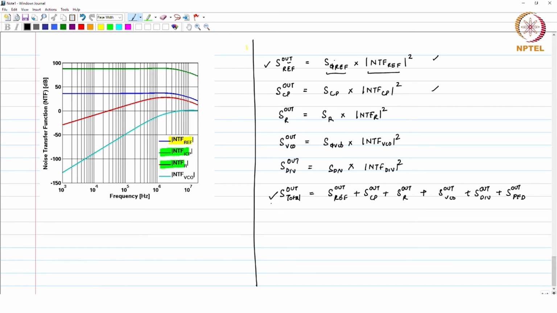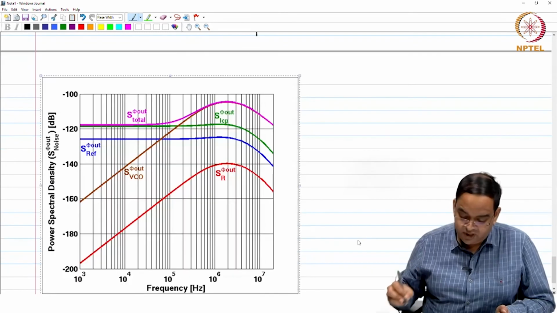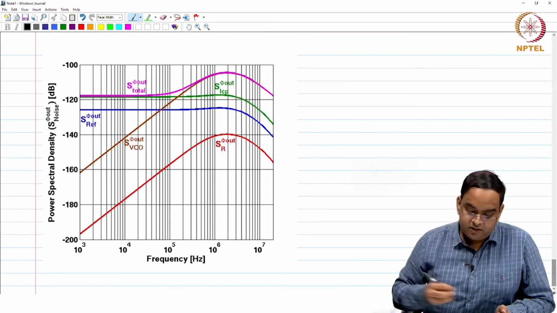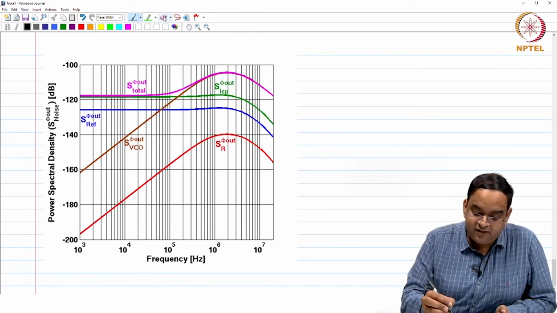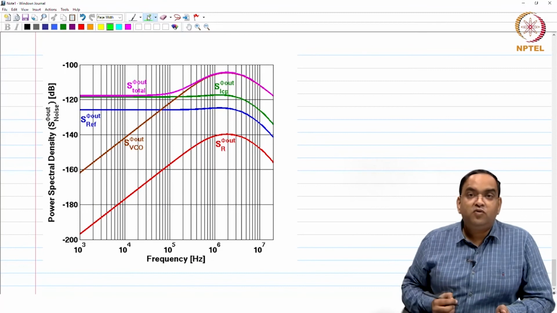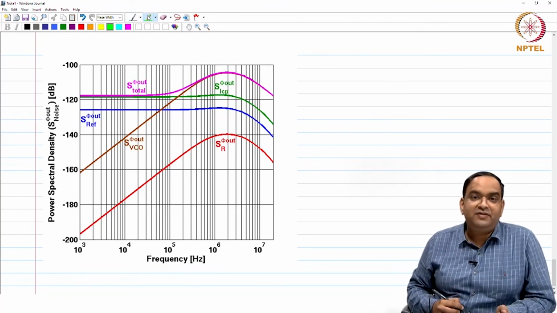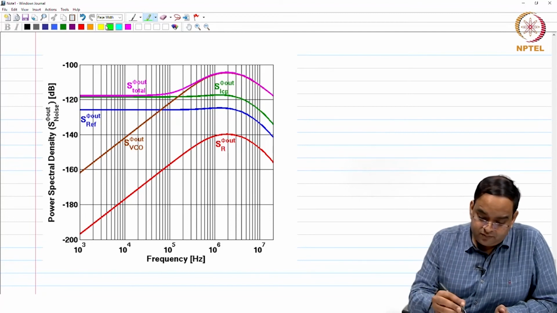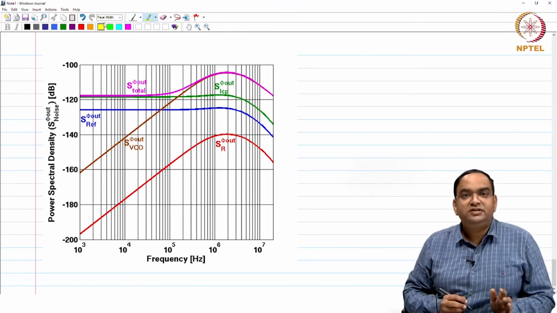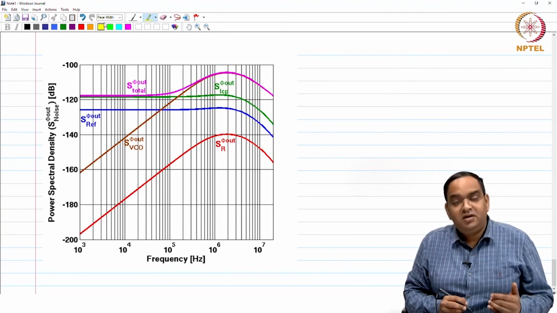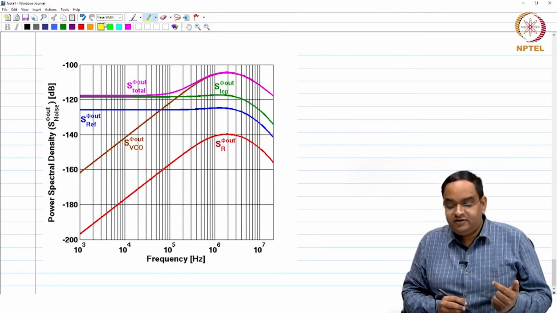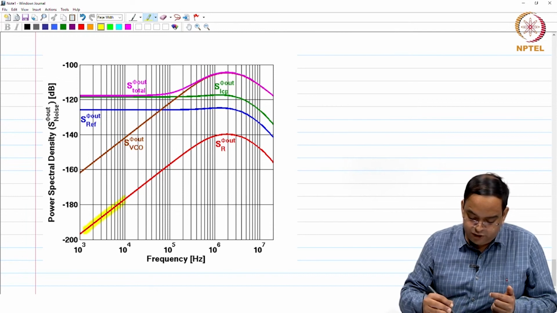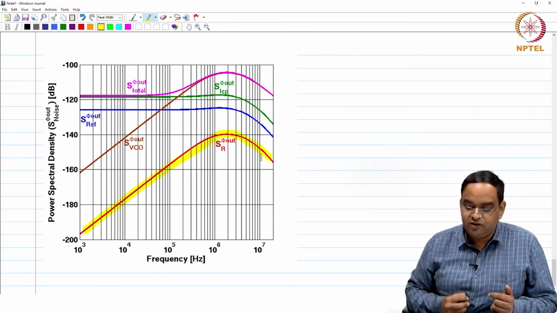Let me show you one of the simulations which we have done to find the total output noise. Here we found the noise spectral density; it depends on whether the input noise is flat or not. So, let us look at the resistor one first. We know that the resistor noise is 4kTR, which is flat, and the noise transfer function is band pass in nature, and that is what you see, the output phi out because of the resistor.